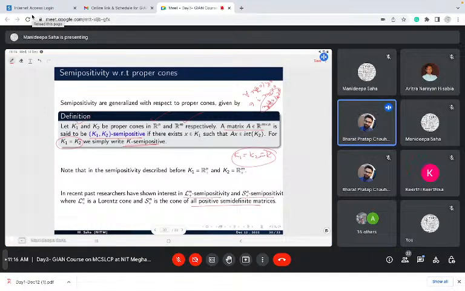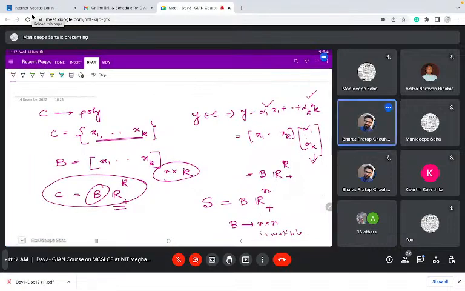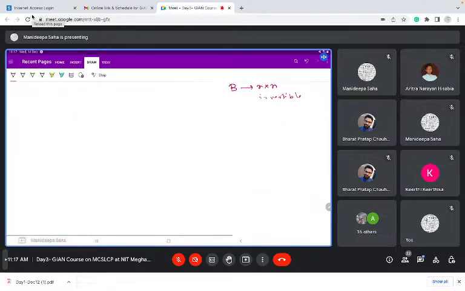Okay, so you can share that. It is like a Euclidean Jordan algebra. Because R^n is also a Euclidean Jordan algebra. So a Euclidean Jordan algebra is something with respect to an inner product space.